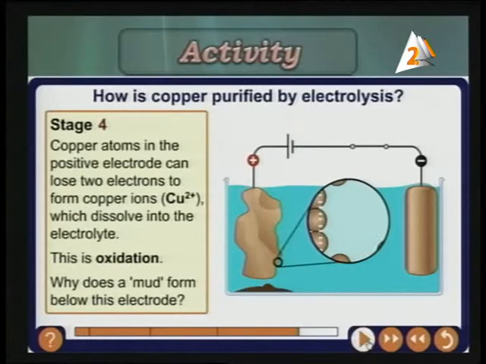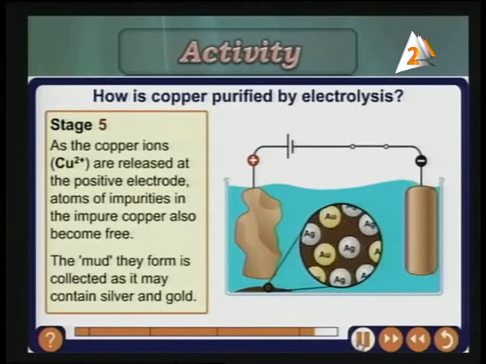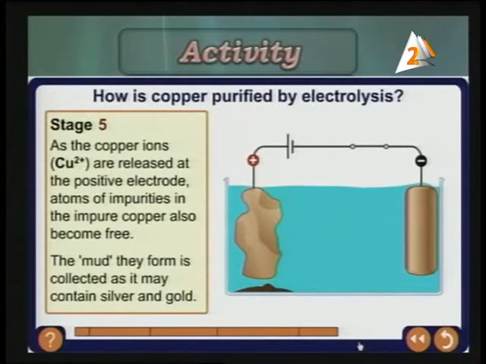So why does mud form below this electrode? The mud is formed because we have some kinds of metals, gold, silver, platinum, or other impurities found in the copper, which become free.